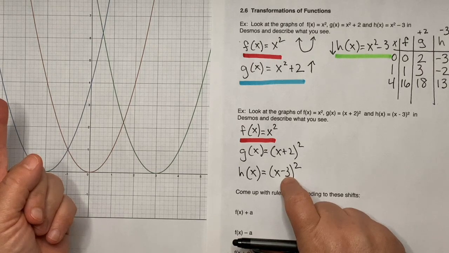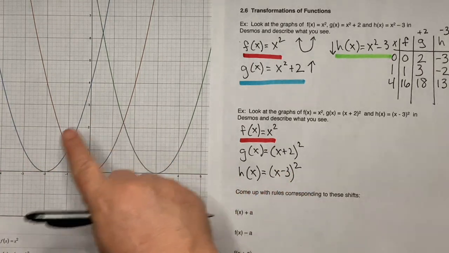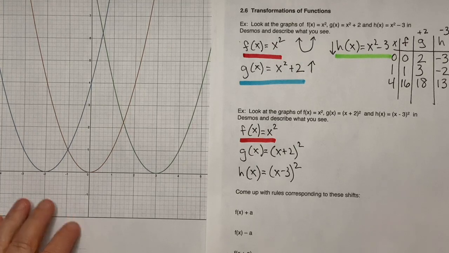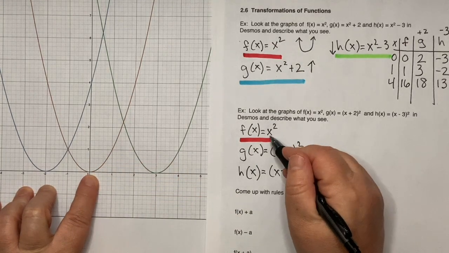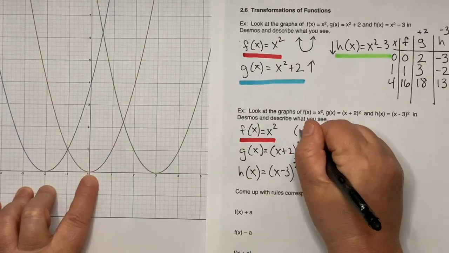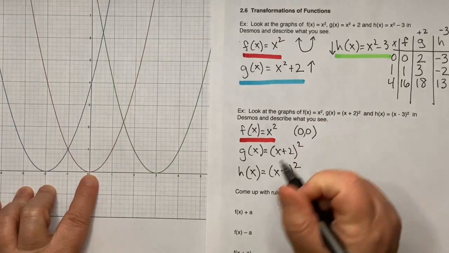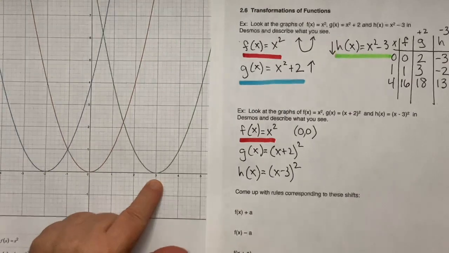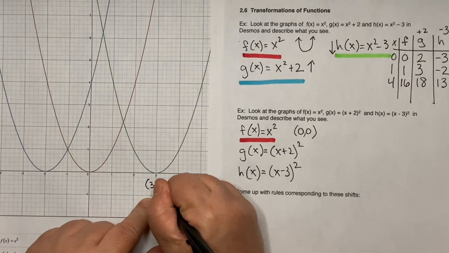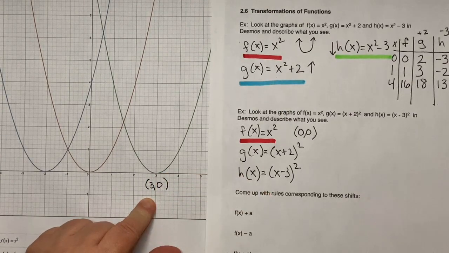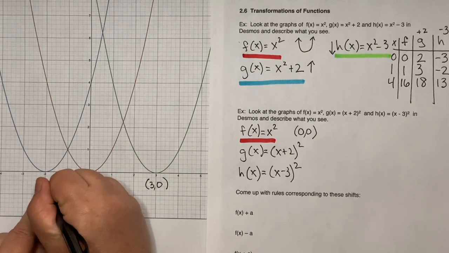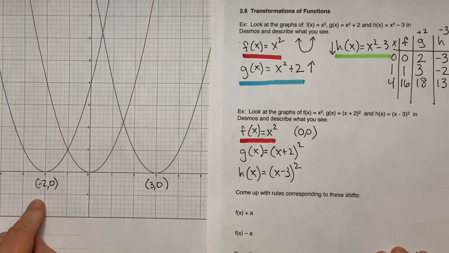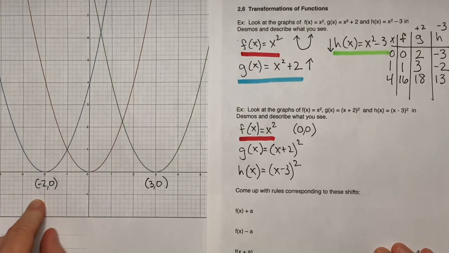And so plus 2 I would expect to go to the right, and minus 3 I would expect to go to the left. However, if we look at the actual graphs, we can see that the vertex in the plain version, f of x, is at (0, 0). The green one has its vertex at (3, 0). And this vertex is at (negative 2, 0). And here's where it gets interesting.